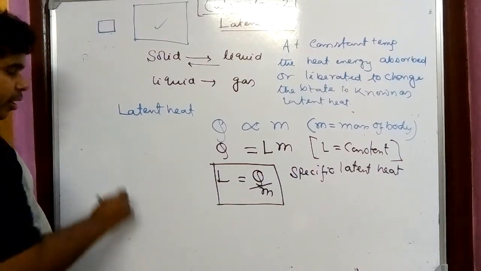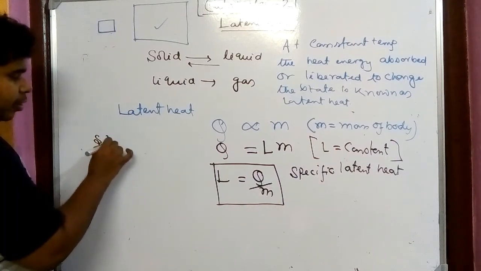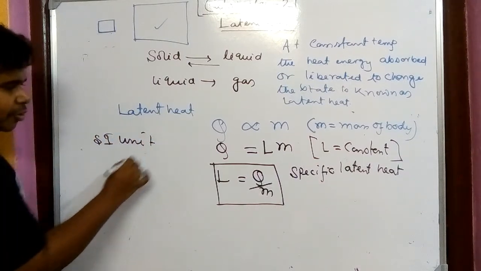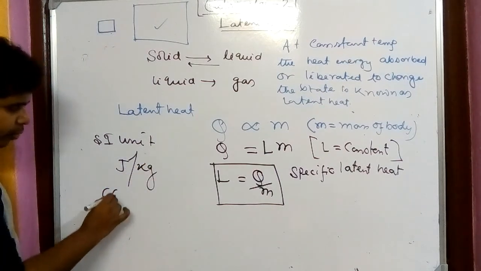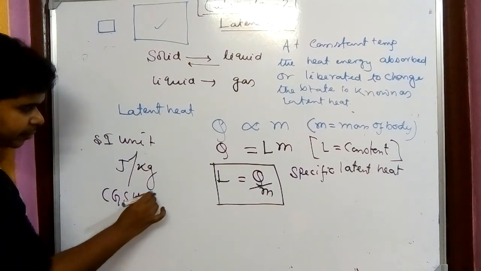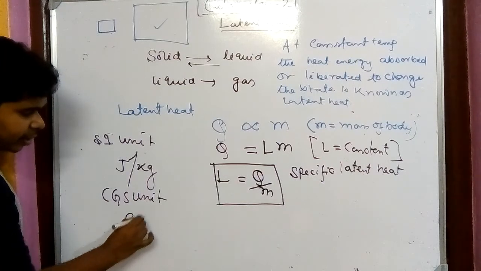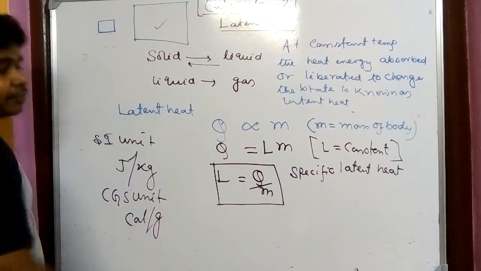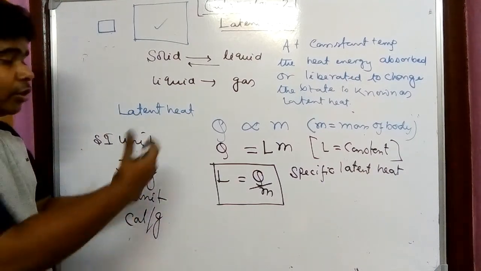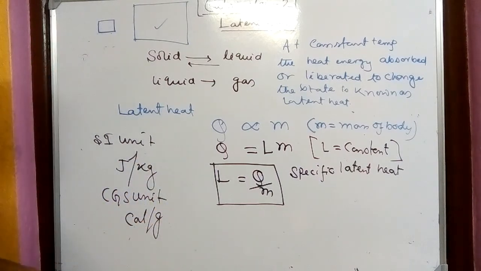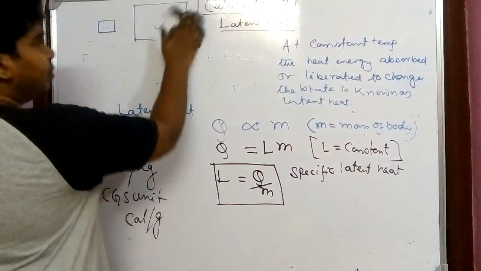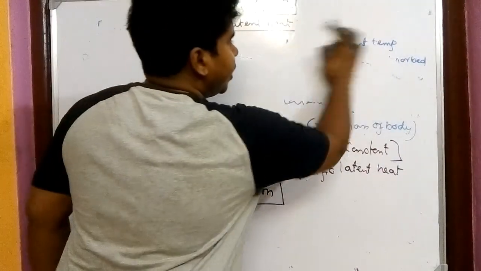From this you can write the SI unit, which is joule per kg, and the CGS unit, which is calorie per gram. If I want to define L, how can we define it?